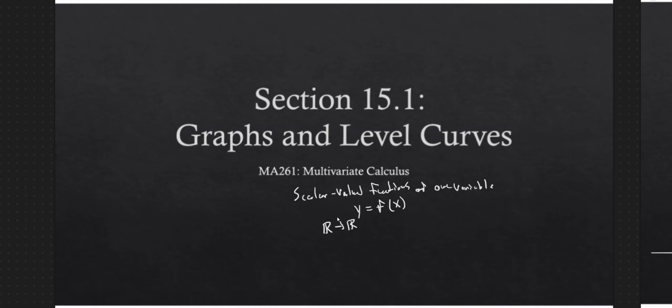Now, there's a couple ways you can go from scalar valued functions. In Chapter 14, we looked at vector-valued functions of a single variable. A vector output of a single variable.